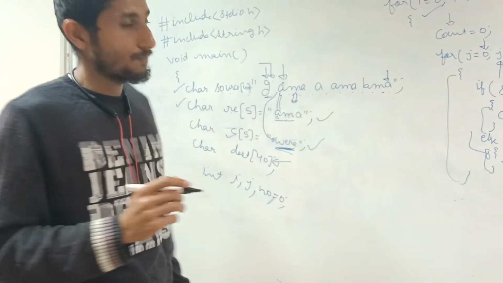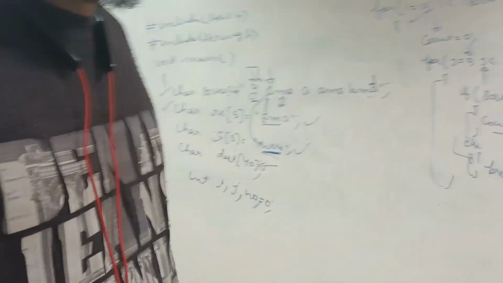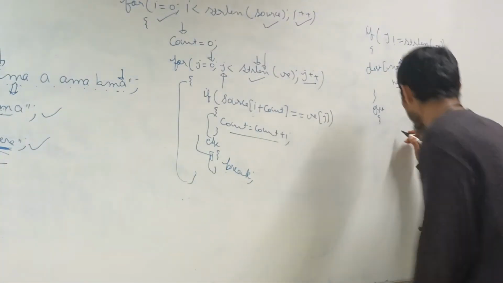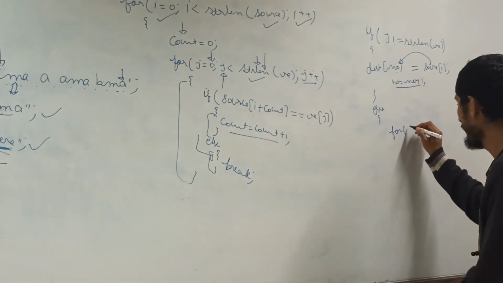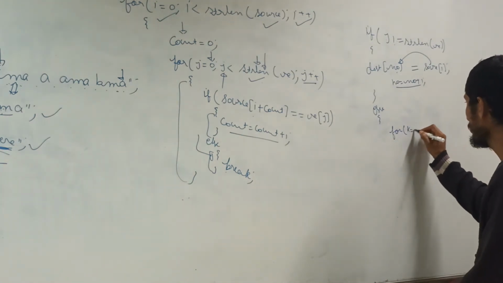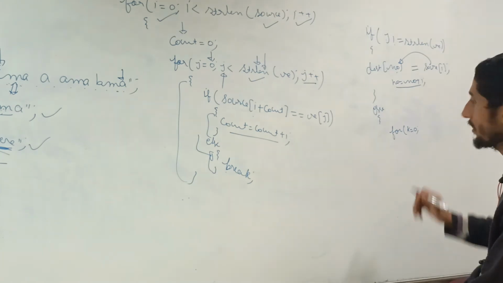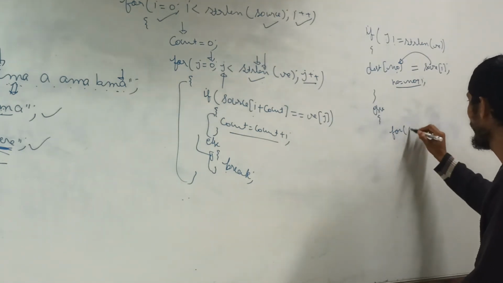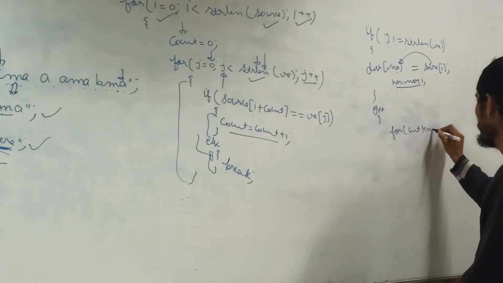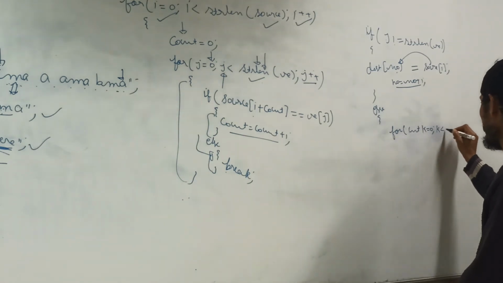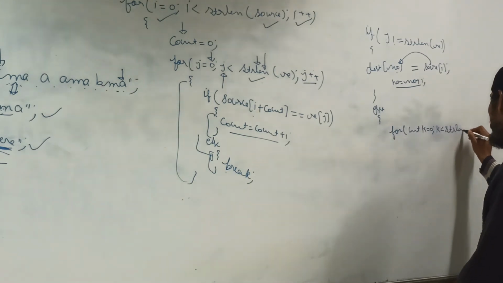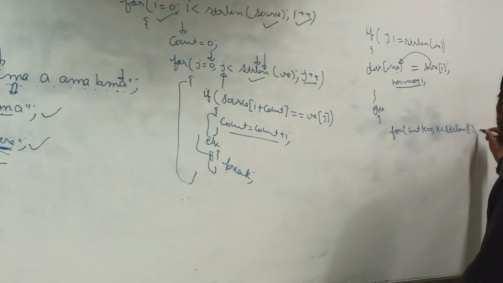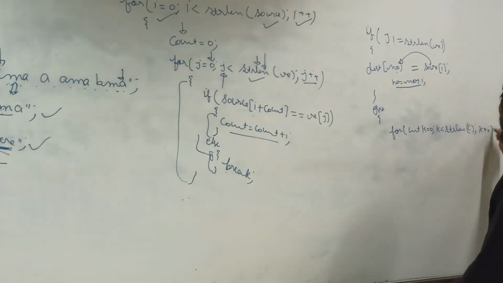Okay. So for this purpose, let me apply a loop for this. Let me initialize k here. So you can initialize k here, or let me initialize here only, like int k equals 0, k less than strlen of c, and k plus plus.